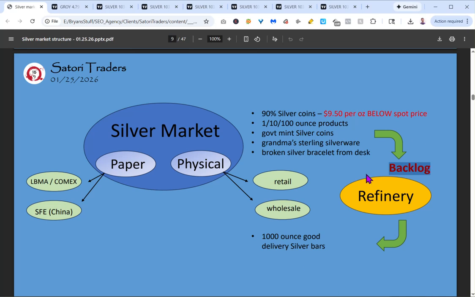But because of this backlog in the refinery pathway, people are selling their silver. I didn't see it yesterday. As I said, I was at the coin shop, spent almost an hour there. I didn't see a bunch selling. But evidently, people are selling at $100. Well, they've been selling for a couple of months now, because we just got to 100.